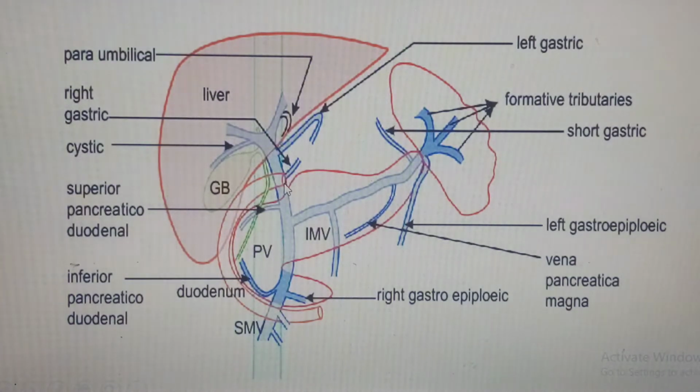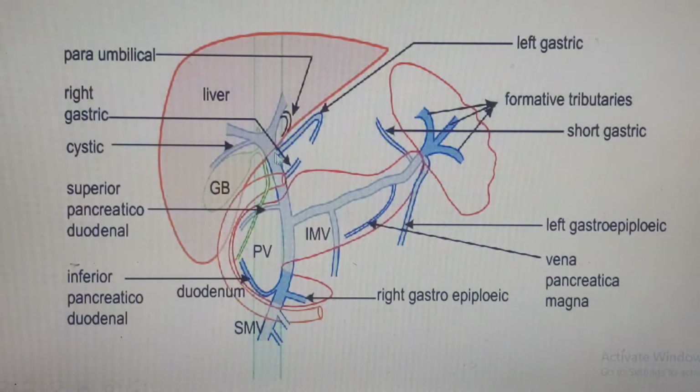Now for this question, I'm not going through every bit of it, but what I'm interested in showing you is the short gastric veins, which are tributaries of the splenic vein. Short gastric veins draining the fundic part of the stomach are tributaries of the splenic vein.